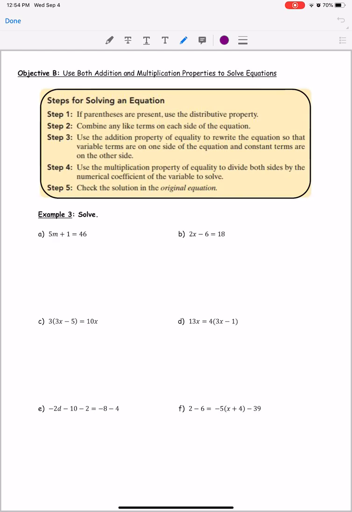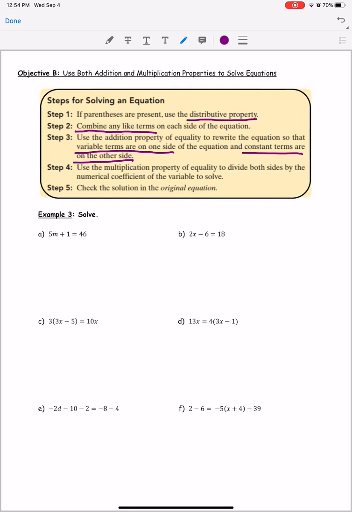So here are your steps for solving. If there are parentheses present, we need to use distributive property. We need to combine any like terms on each side of the equation. Then it says to use addition property to rewrite the equation so that the variable term is on one side and the constant term is on the other side.